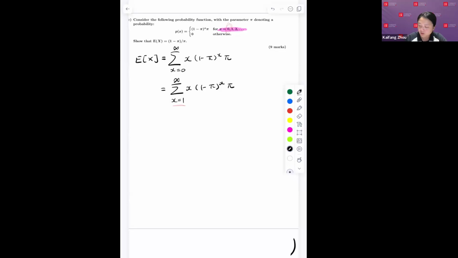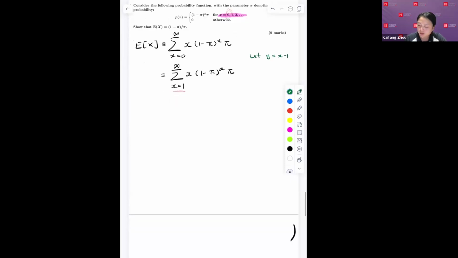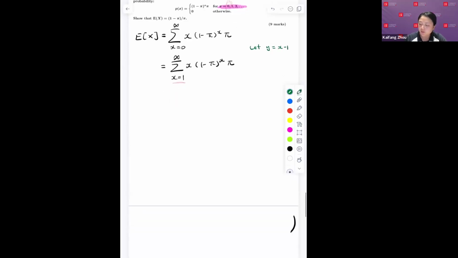We're going to let y equal x minus 1. Why do I use y equals x minus 1? Because when x equals 1, we will have y equal to 0. And when x equals infinity, infinity minus 1, y will just equal infinity as well.